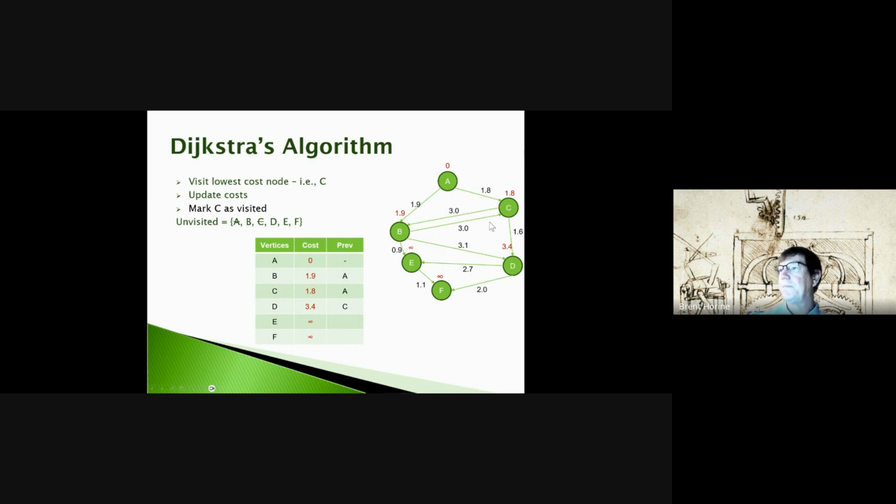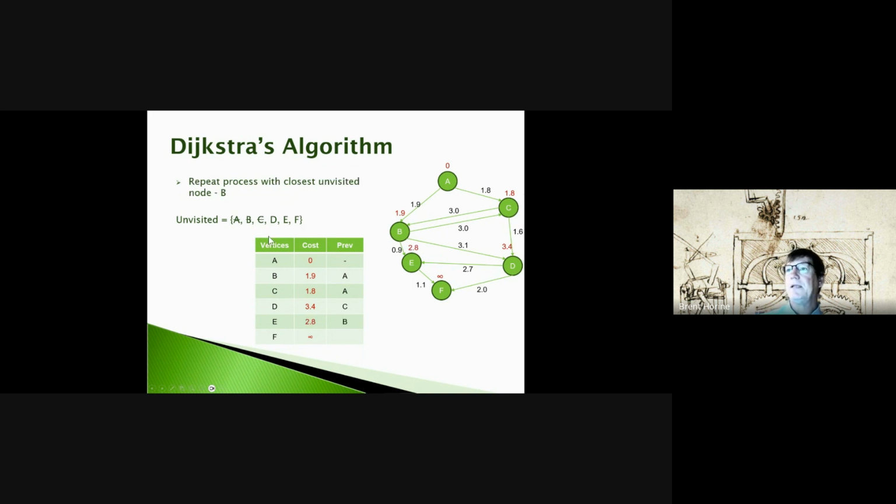For that initial update. But then we see we did not update B immediately because our cost to go through A to C to B was still higher, right? So now we've visited C and we've analyzed it, so we mark that one as visited.